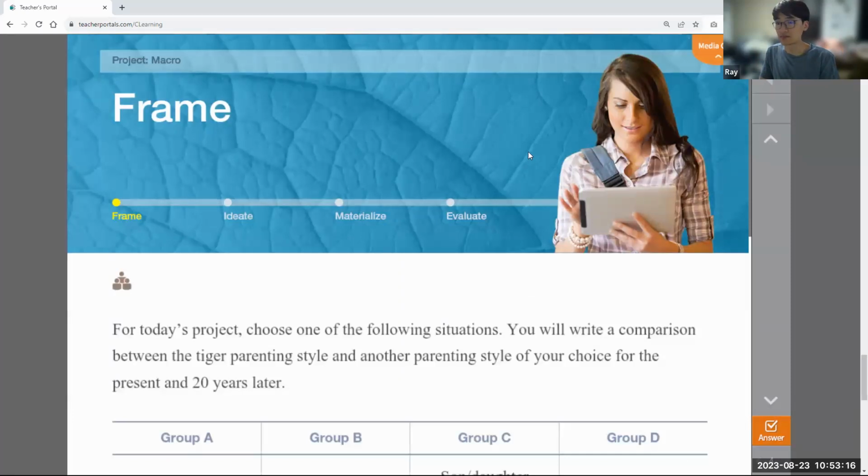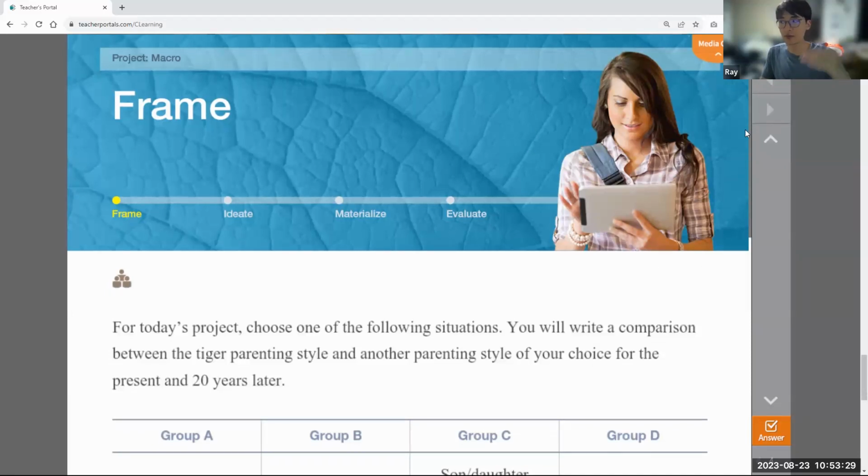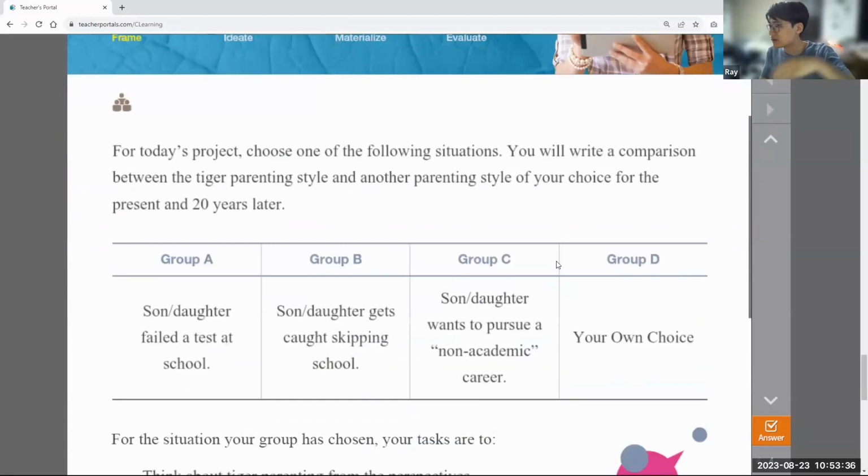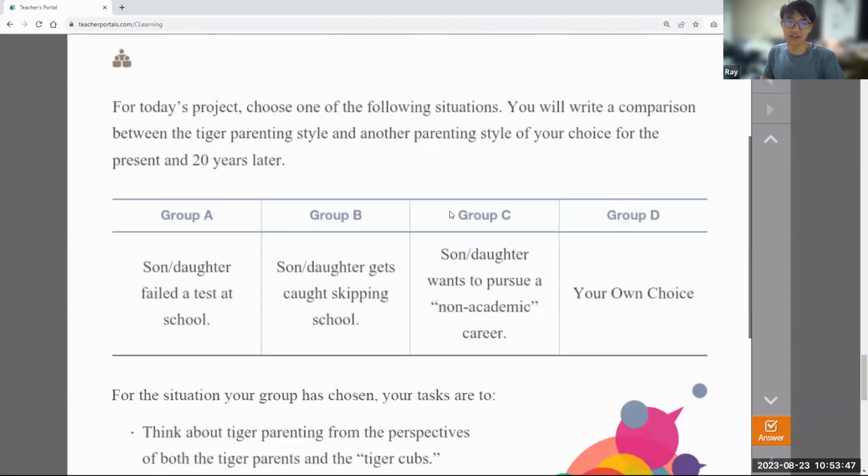And then the big project. One thing that is very important when your head instructor or your FM are looking at CCTV scores is how you follow the process of the project. Let's say Seokjun, Sony, and Joshua are one group, and you tell them, you are group A, tell me what a parent is going to be like now and 20 years later for group A. 50 minutes, go.